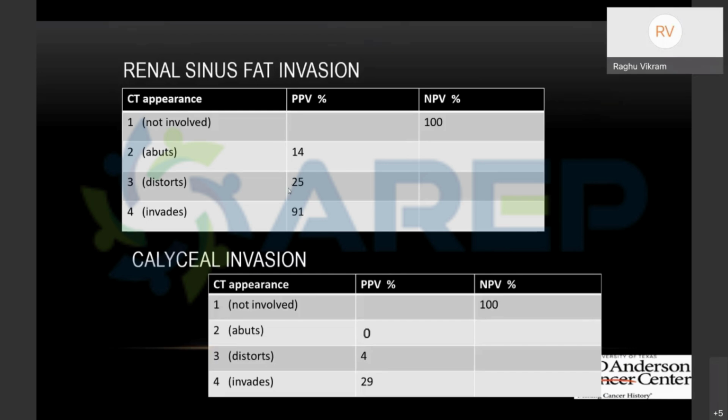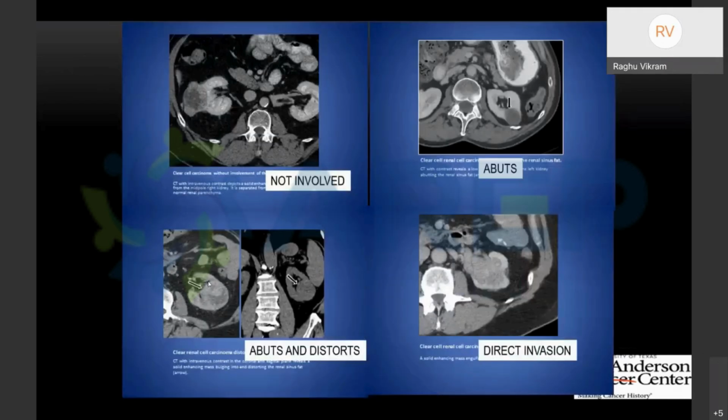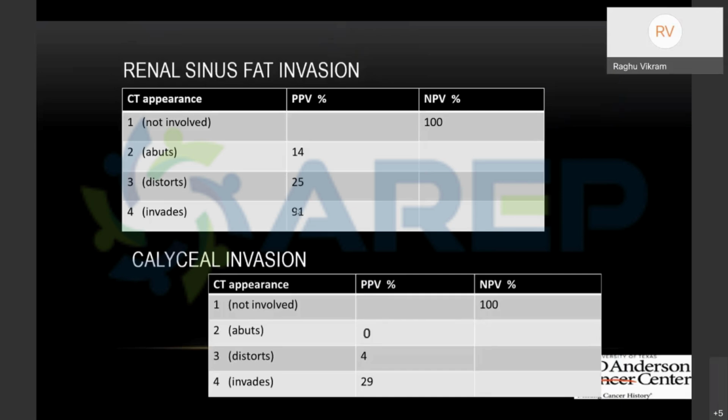That means only 25% had renal sinus fat involvement when we scored the CT scan using coronal and sagittal images. When we found direct invasion, of course, most of them were actually invading. And this is for the renal sinus fat.